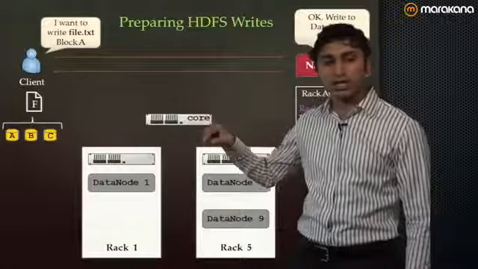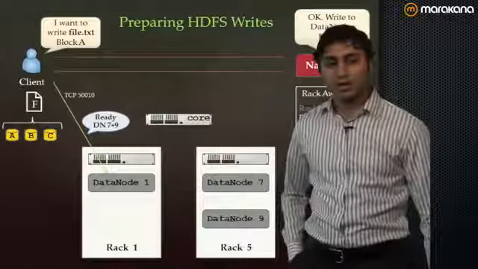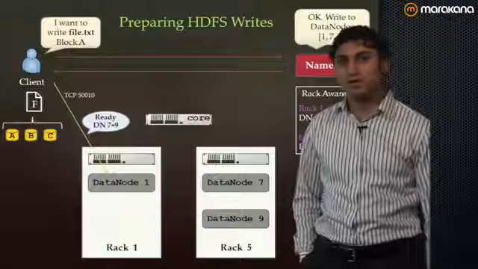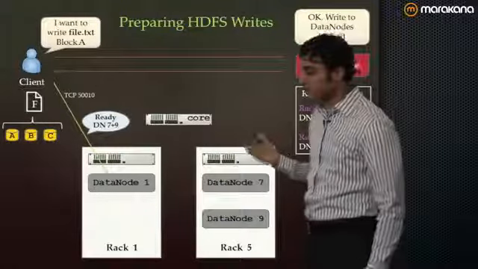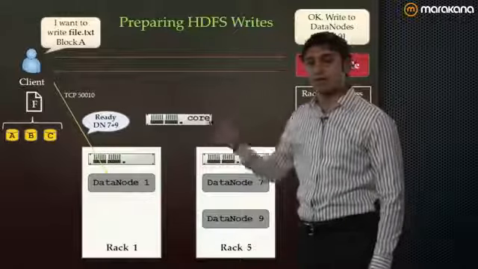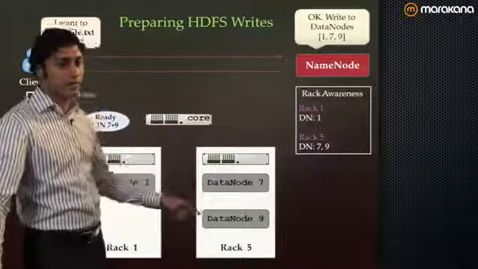And then the client will directly contact data node 1 and over TCP 510 send a ready command to data node 1, basically saying, get yourself ready. I'm about to send a block down to you, but also get data node 7 and 9 ready.